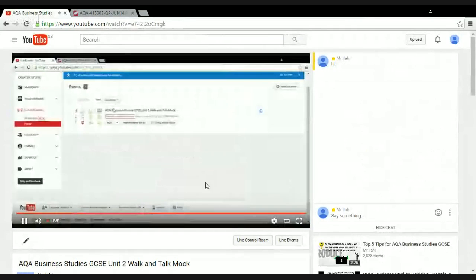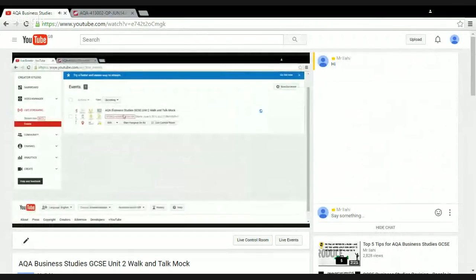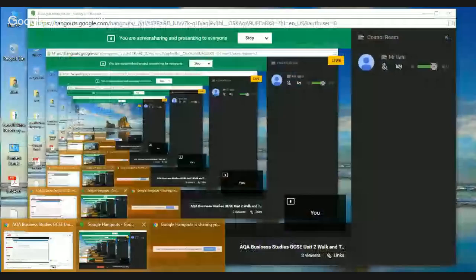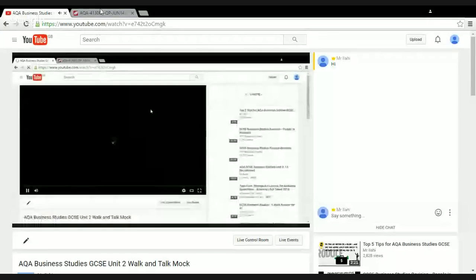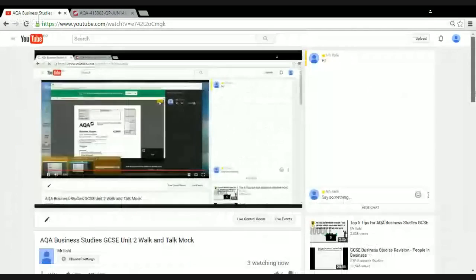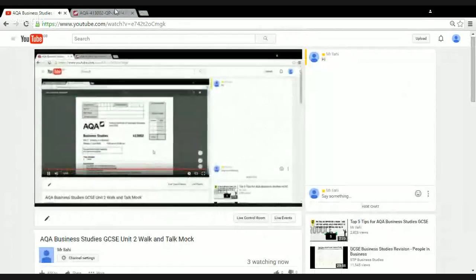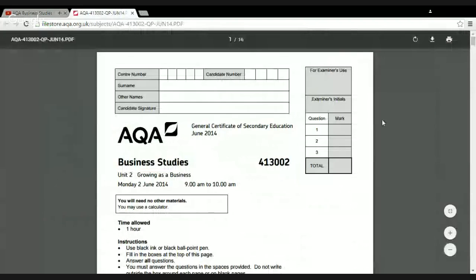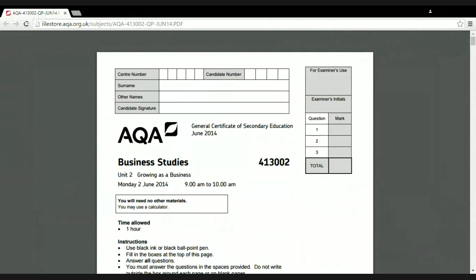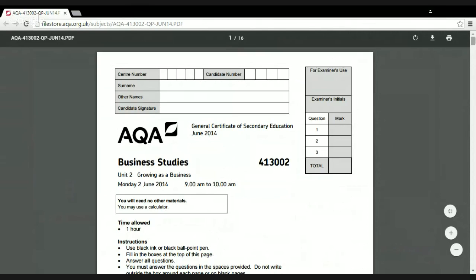Okay, so we'll go through the GCSE paper from 2014 for people that are paying attention or watching. What I'm going to do is go through each of the questions, how you're meant to go about answering them, and how you would actually approach them in the real test.